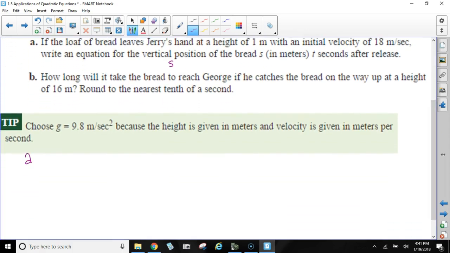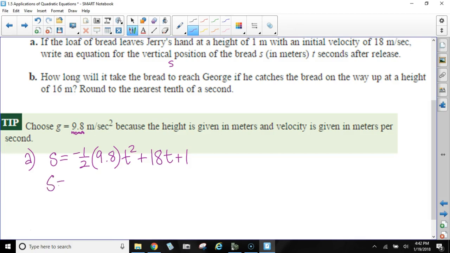Now, on part A, notice the tip here says that we're going to use the gravitational constant of 9.8 because everything in our problem is being measured in meters. So our formula on the previous page says that the height is equal to -1/2 times the gravitational constant of 9.8 times t squared plus an initial velocity of 18 meters per second times t plus the initial height of 1.